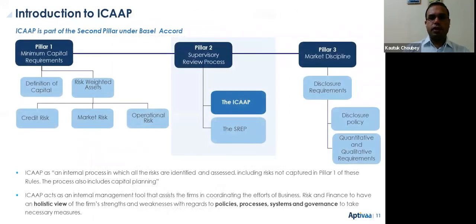Now, with this, the genesis of ICAAP happened, and before that, there is the background of the capital that any financial institution is required to keep. Capital safeguards the bank or the stakeholders of the bank, primarily the depositors, which is the easiest example, against any sort of adversity or any sort of potential risk.